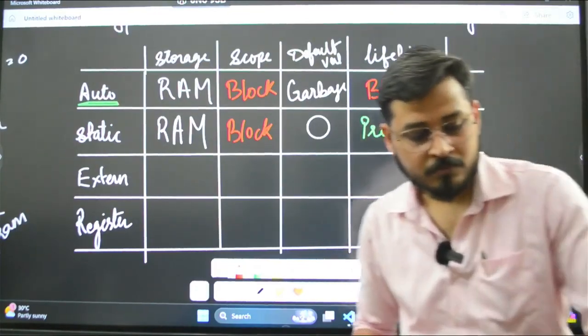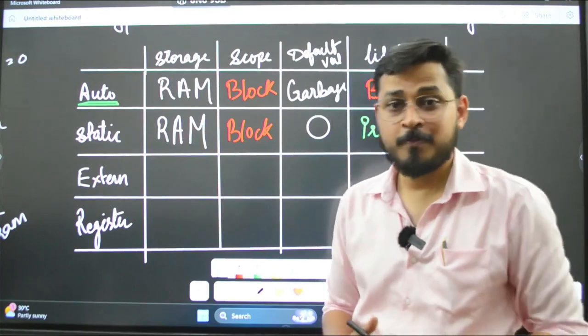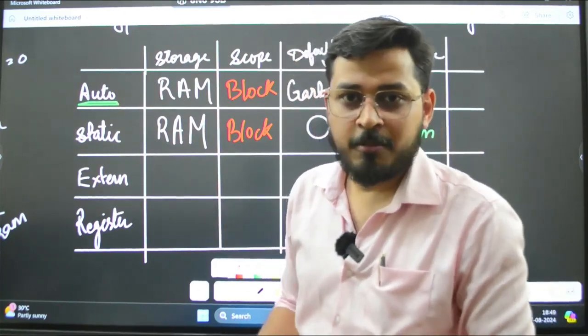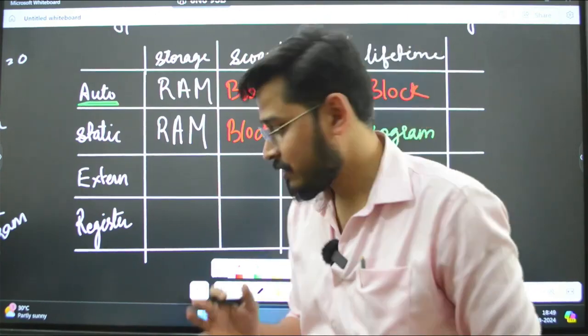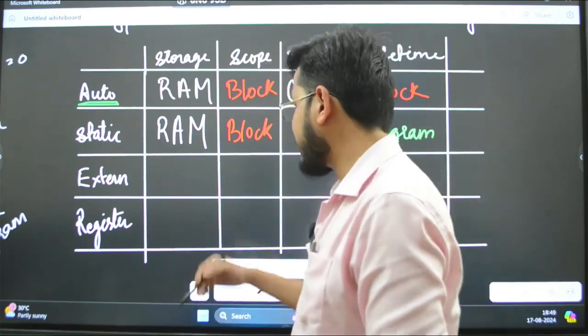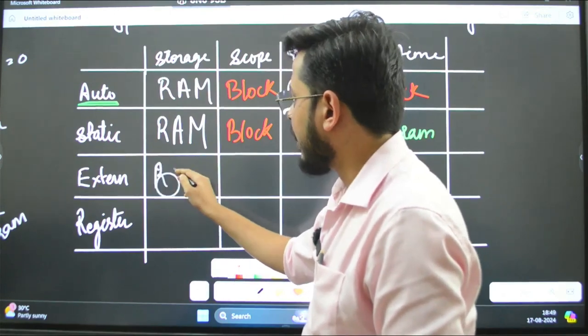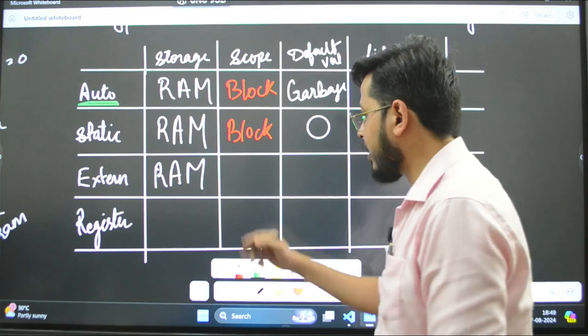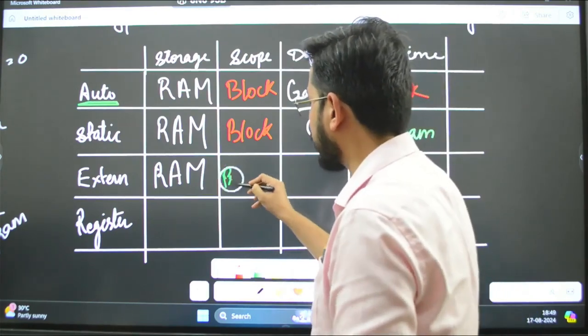Extern. As you already know, extern, externally. Everything will be the program scope here. Easy. In this case, it gets created in the RAM. Same. Then its scope becomes program.